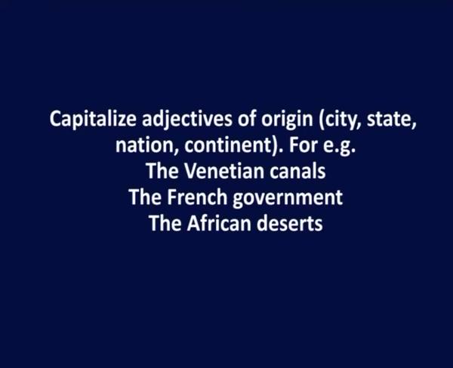Capitalize adjectives of origin, for example, city, state, nation, continent. For example, the Venetian canals, the French government, the African deserts. In English, verbs of feeling, for example, bore, interest, surprise, have two adjectival forms, the present participle, that is ing, and the past participle, that is suffix ed.